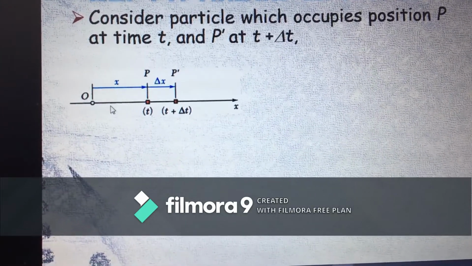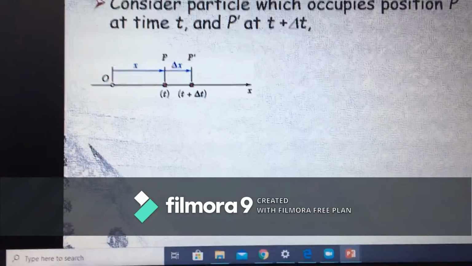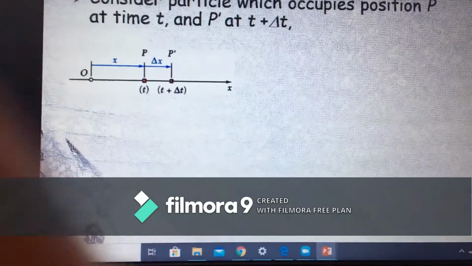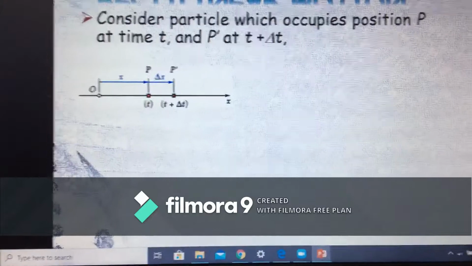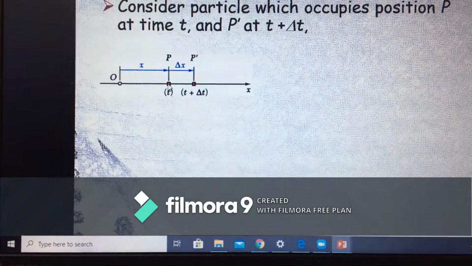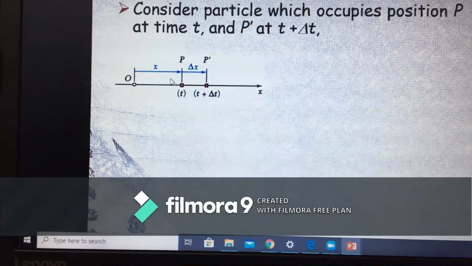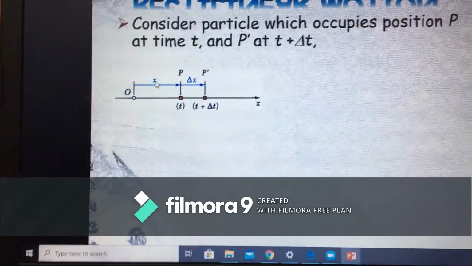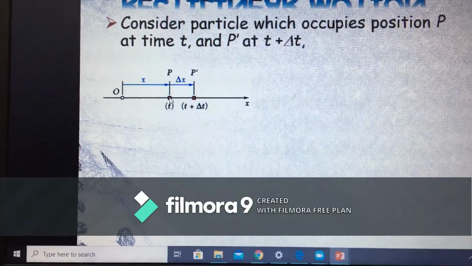This is the original position of the particle, point O. And the particle is moving to the right. At time equal to t, the particle covers a distance equal to x at this point, point P.